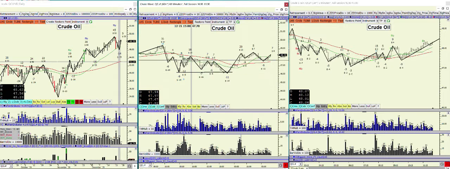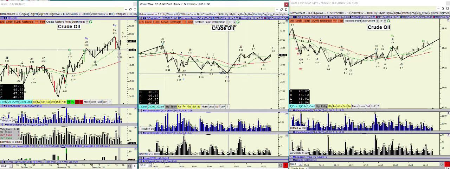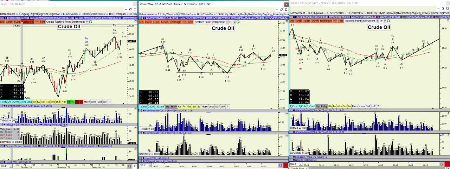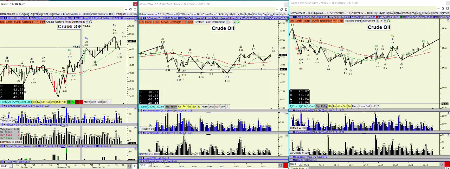See? So it goes down, bang, right at the spring. The more important part is if you take a look at the daily, it's right across this edge.